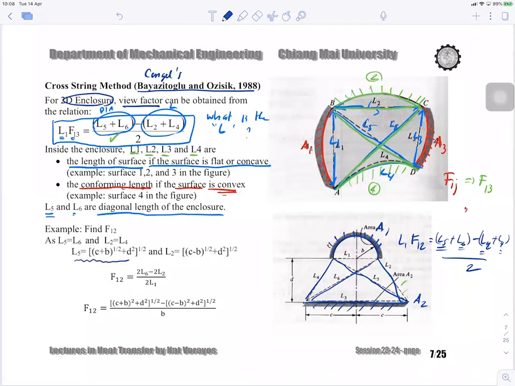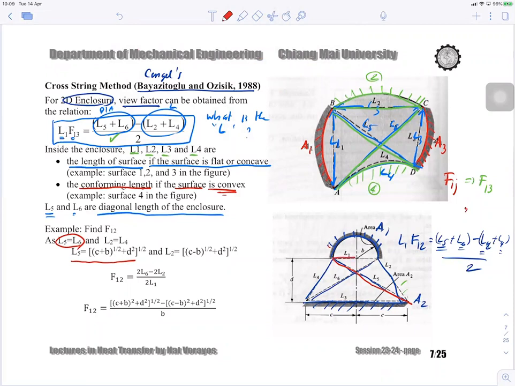What's L5 once again? Let me use the red one, L5. L5 is equal to L6, right? It's because of the symmetry. And you want to find this one. This is because L5 is equal to L6.